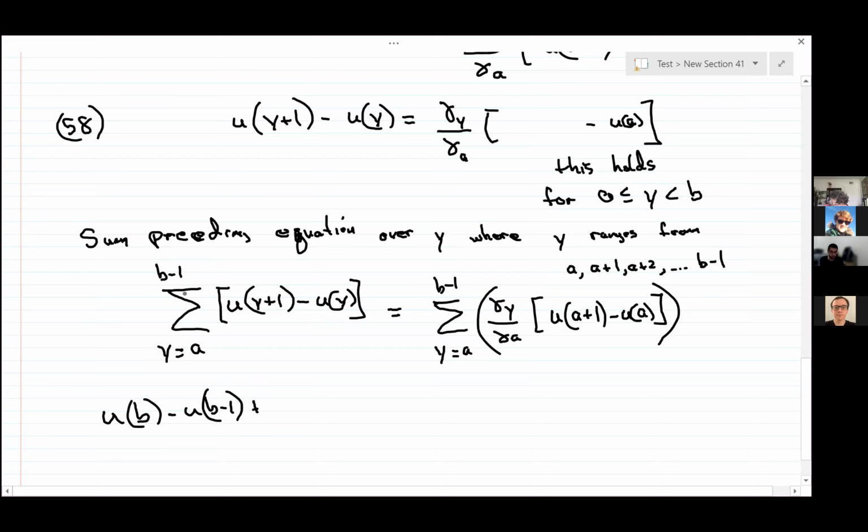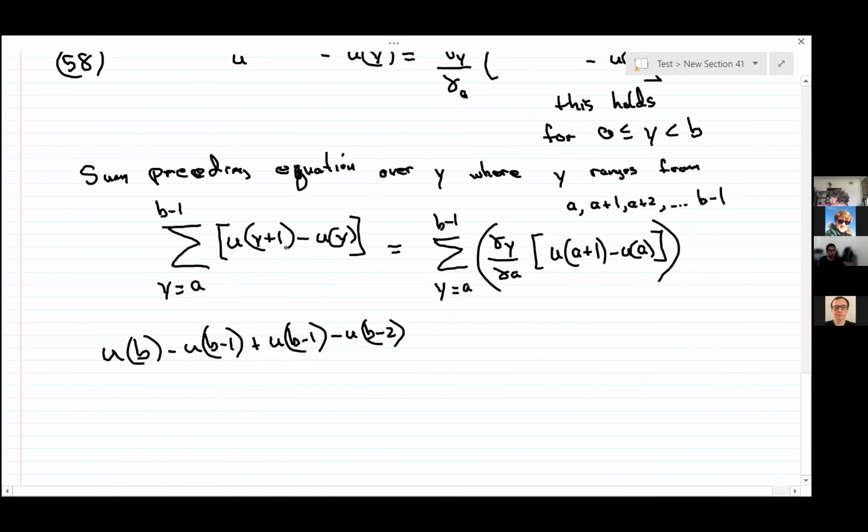When you put in the next term down, that would be b minus 2. When you put in b minus 2, this becomes u of b minus 1 minus u of b minus 2. And now you can start to see that this term will cancel this, and that kind of cancellation will continue, because you can see it right within the sum.